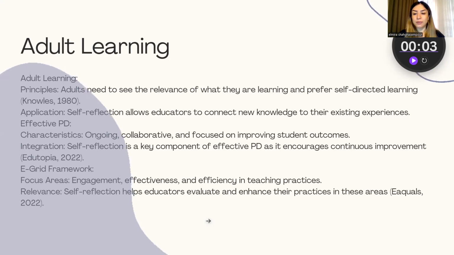Self-reflection is a key component of effective PD, as it encourages continuous improvement and helps educators stay engaged in their professional growth. For example, regularly reflecting on your teaching practice can help you identify areas for improvement and seek out relevant professional development opportunities.